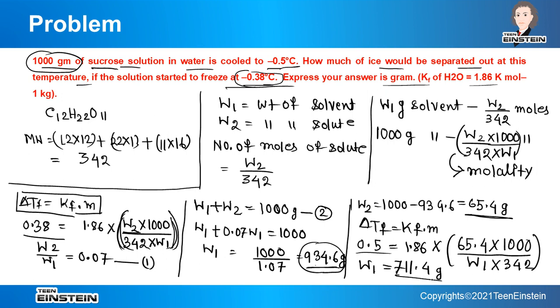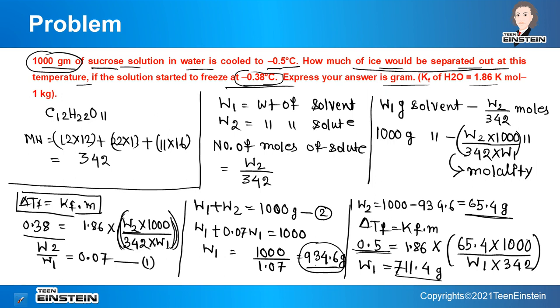This is the weight of solvent when there is, it is not actually depression of freezing point, we are decreasing the temperature to 0.5. So 0.5 is the extra amount of temperature that we have decreased. Now we have to find out how much ice would be separated.